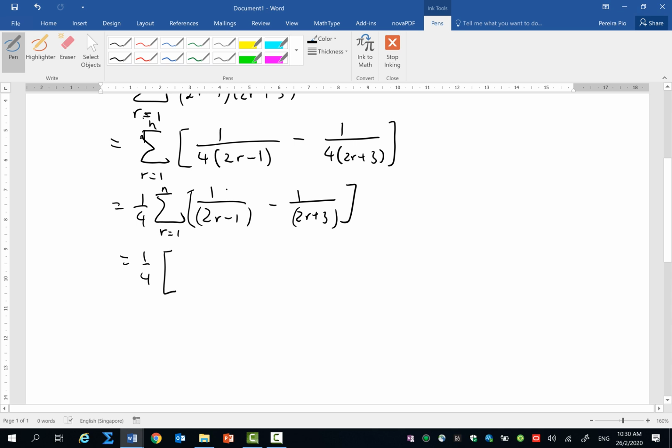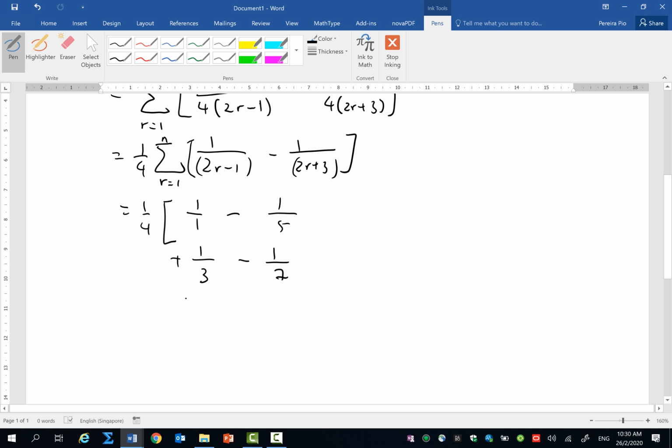So r equals 1. This gives you 1 over 1 minus 1 over 5, plus 1 over 3 minus 1 over 7. Then you realize you need to carry on. So 1 over 5 minus 1 over 9.